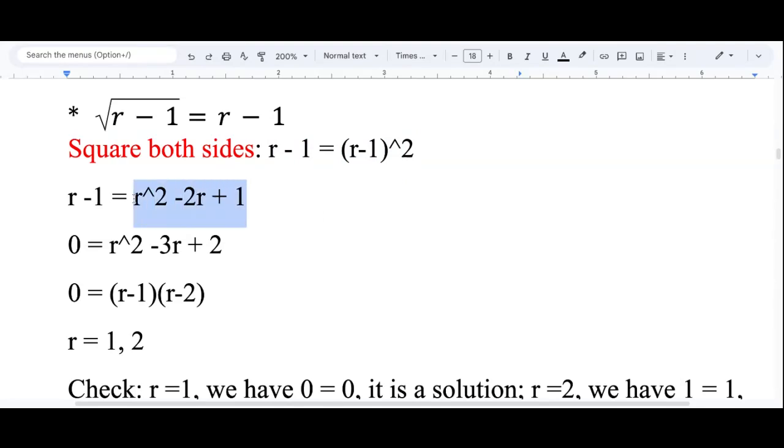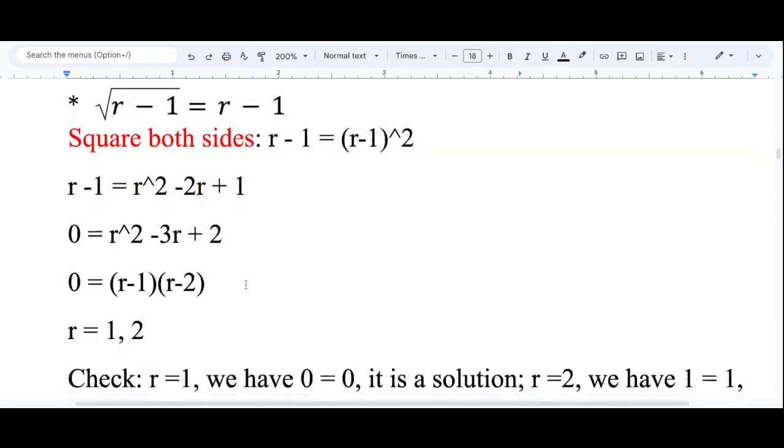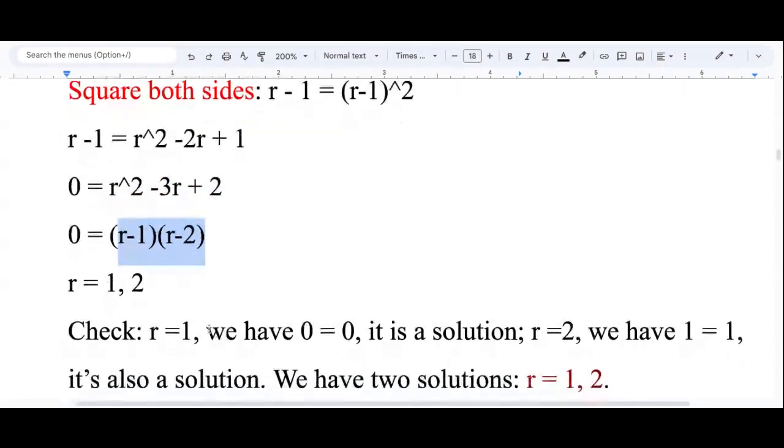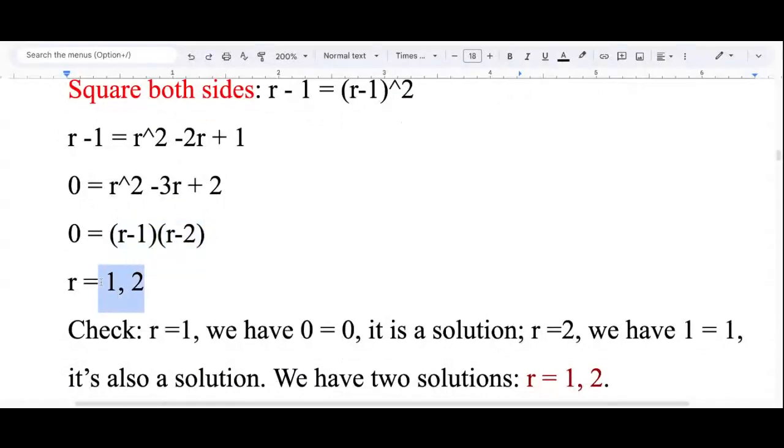R minus 1 squared is r squared minus 2r plus 1. Then we move this to the right-hand side. We get r squared minus 2r minus r, that's minus 3r. 1 plus 1, that's plus 2. We can factor this as r minus 1 and r minus 2. So it looks like we have two solutions.